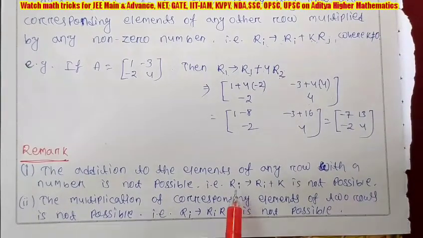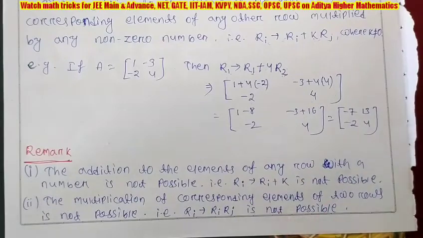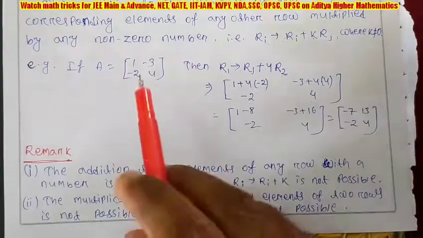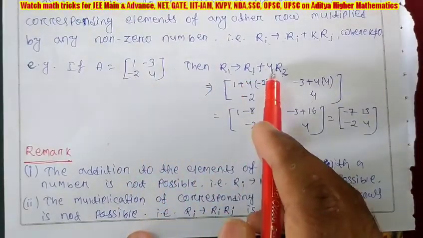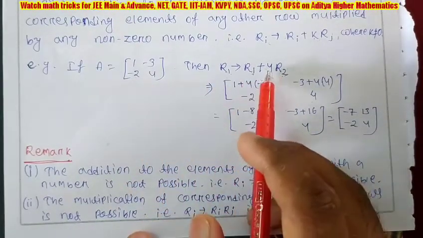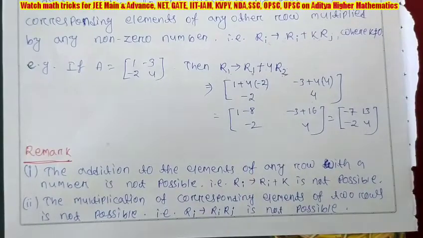For example, Ri tends to Ri plus k is not possible. Ri plus k times a row is possible, but addition of a row and some constant is not. That means here R1 plus 4R2 is possible, but R1 plus 4 is not possible. So this is the first remark.